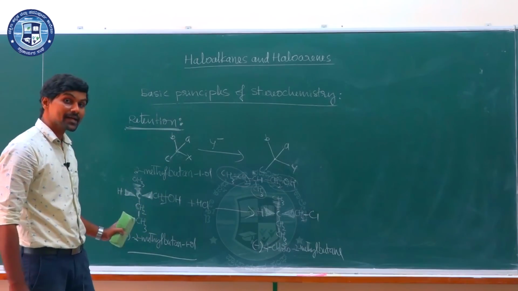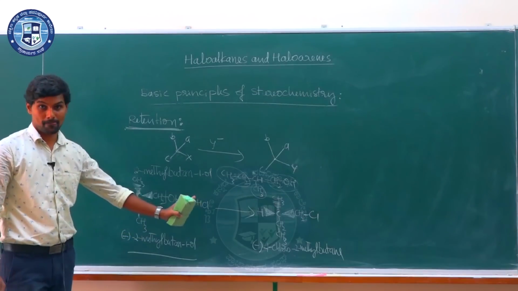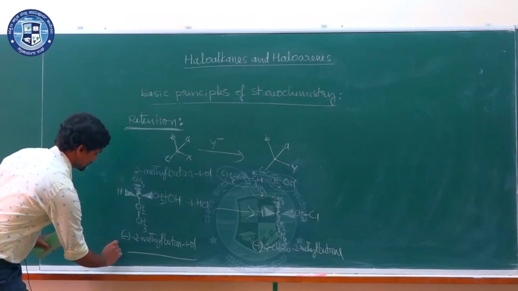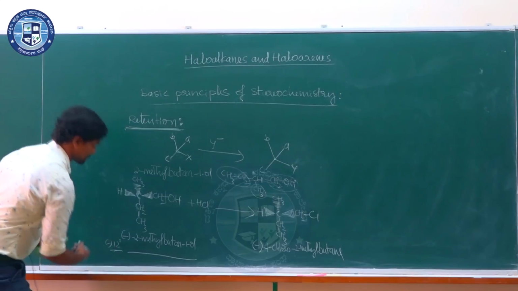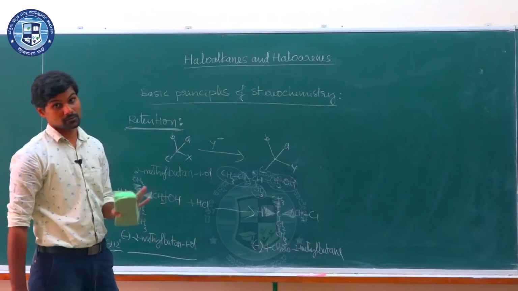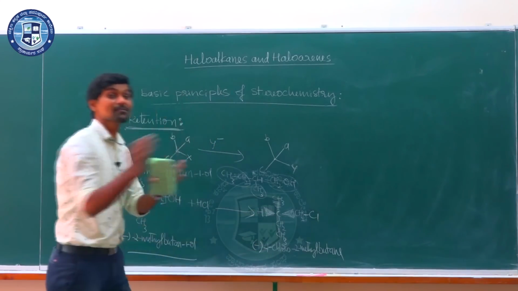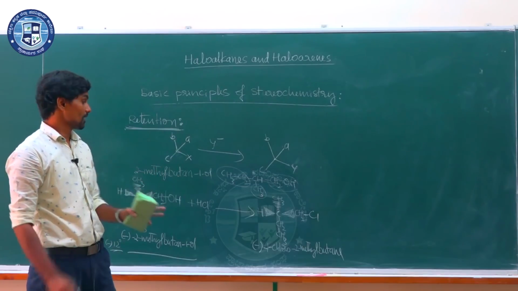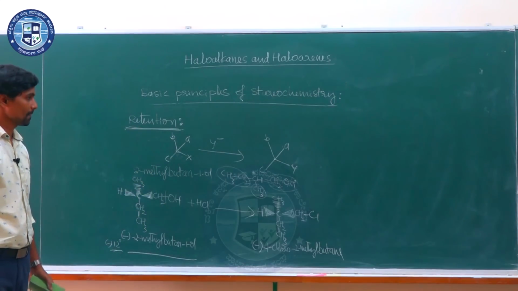Therefore, the optical activity will be in the same direction. The magnitude may not be the same. Imagine if this shows a 12-degree specific rotation, the product will not show exactly 12 degrees, it will be different, but in the same direction. And that is the importance of retention of configuration.